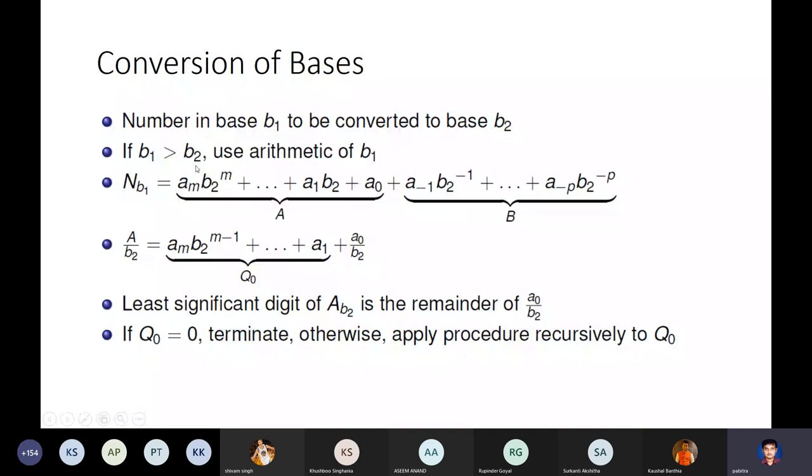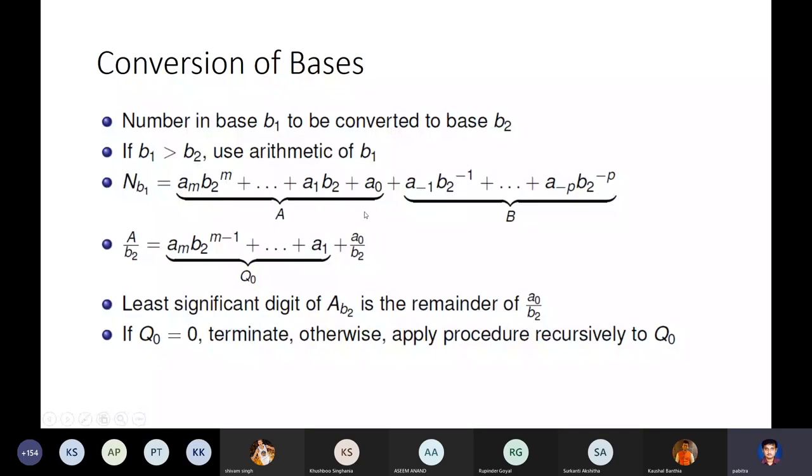So what do I do, how do I get the digits from n in base B1? What I do is I divide it by B2. That gives me the least significant digit of the number in base B2, which is the remainder. So you can easily see, if you divide it by B2, you get a0 as the remainder. The rest of the thing, the quotient, is divisible by B2.